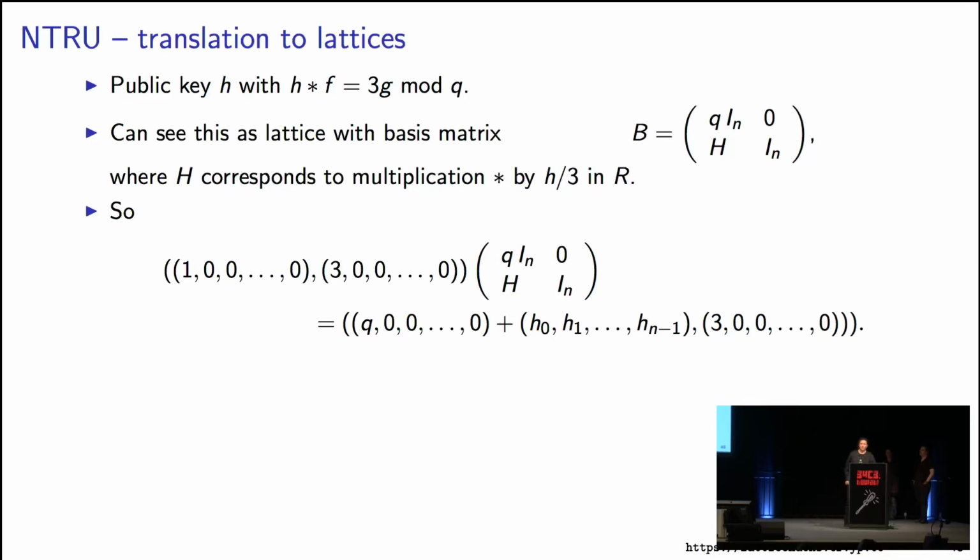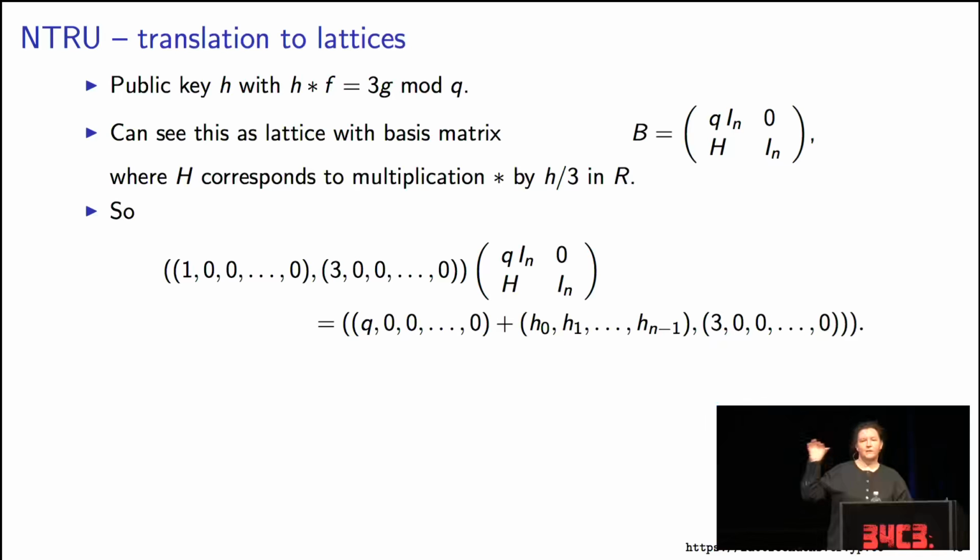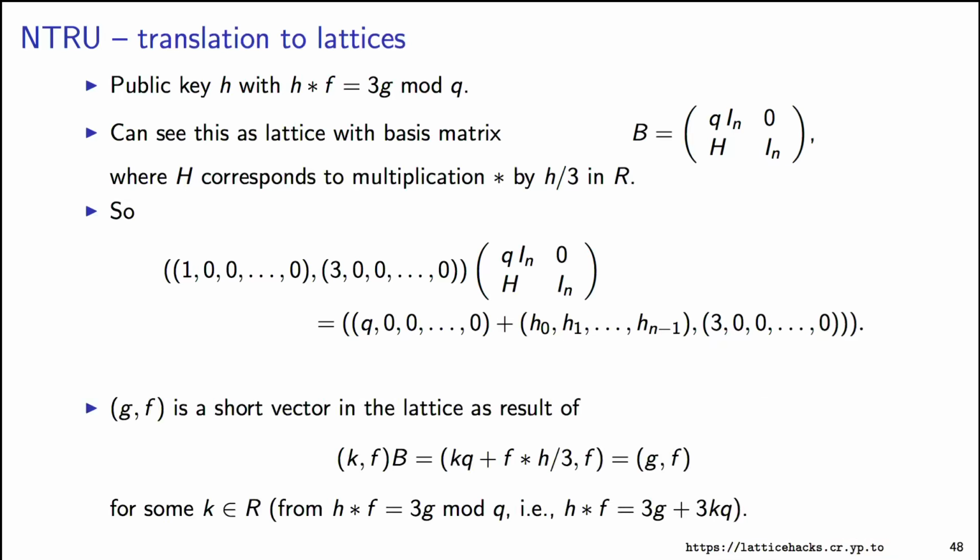And now, what is a short vector in this lattice? To get any vector in the lattice, that means you're taking integer multiples of these vectors. That means we're taking some integer polynomial combinations of this. The reason why I'm getting g comma f out of this is, well, I don't know what it looks like, but there is a polynomial k, and there is a polynomial f that I know, such that k comma f times this matrix is giving me g comma f.